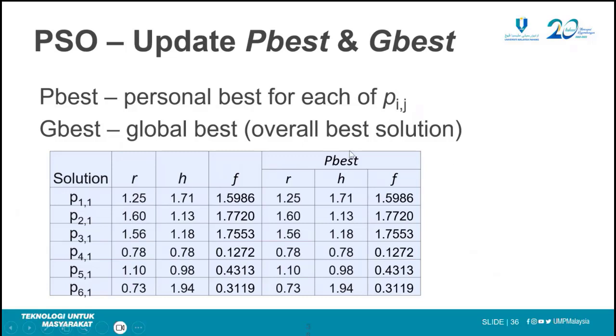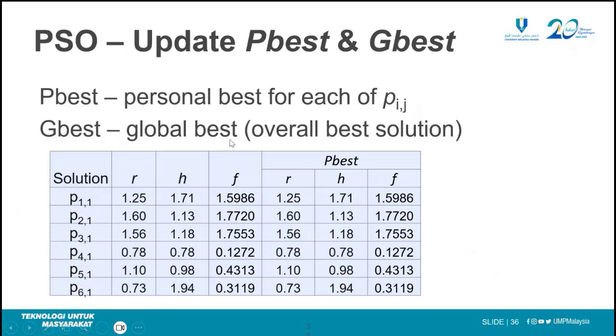So the P best will automatically take the result from the first iteration. This is the personal best for the first iteration; because there is no other iteration before, it will automatically take the same value as the initial solution.